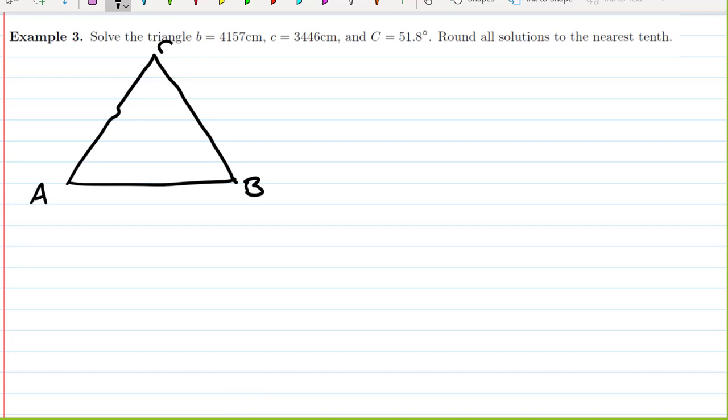So we have A, B, and C. And let's label our sides. Side B is 4,157.